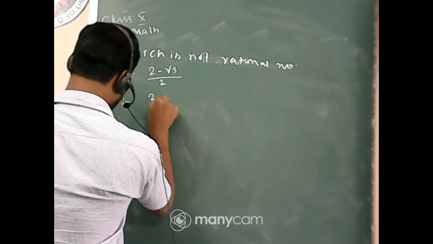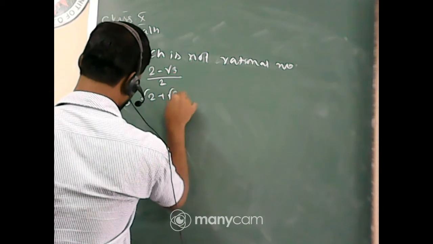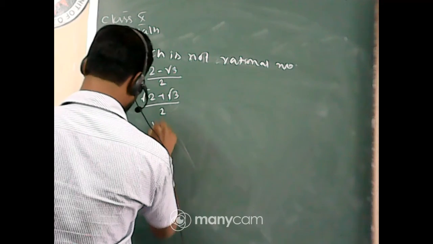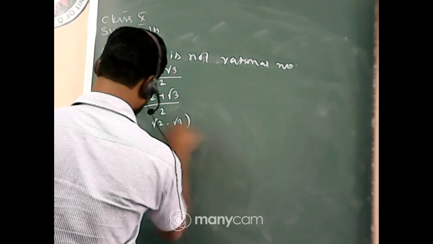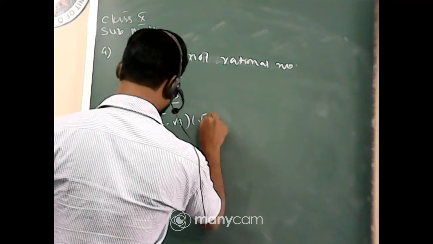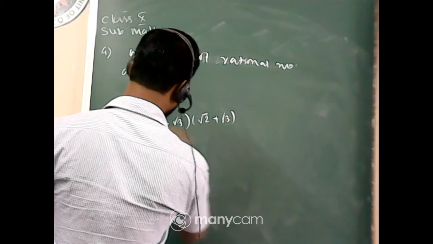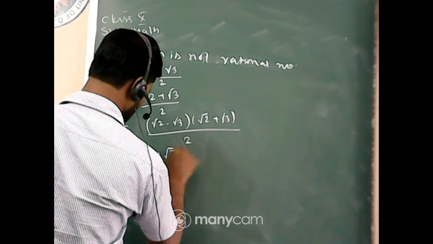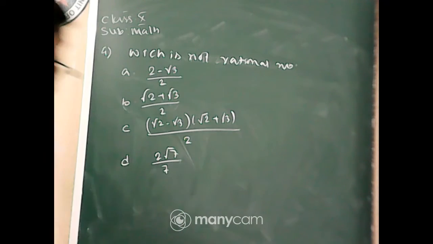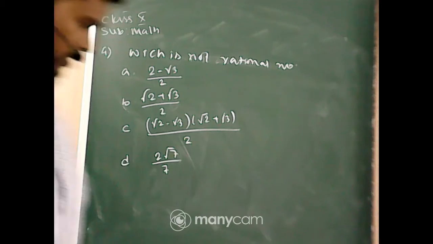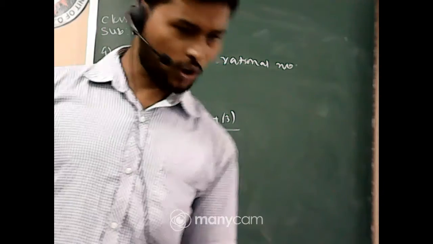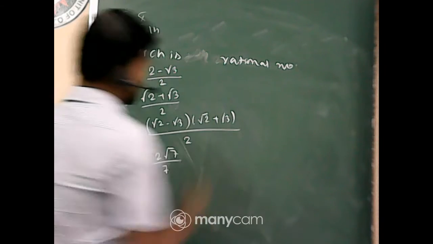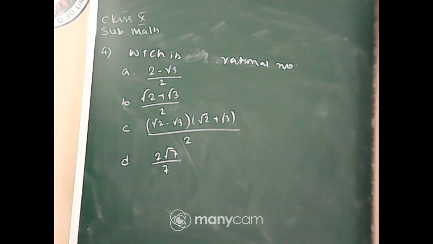Option B is (root 2 plus root 3) by 2. Option C is (root 2 minus root 3) into (root 2 plus root 3) by 2, and option D is 2 root 7 by 7. Which is a rational number?